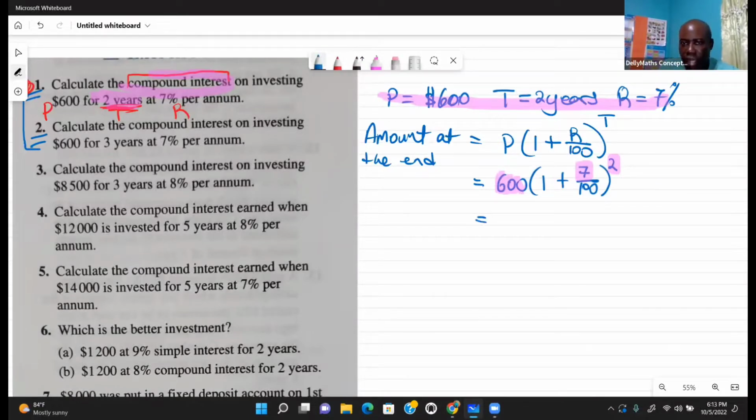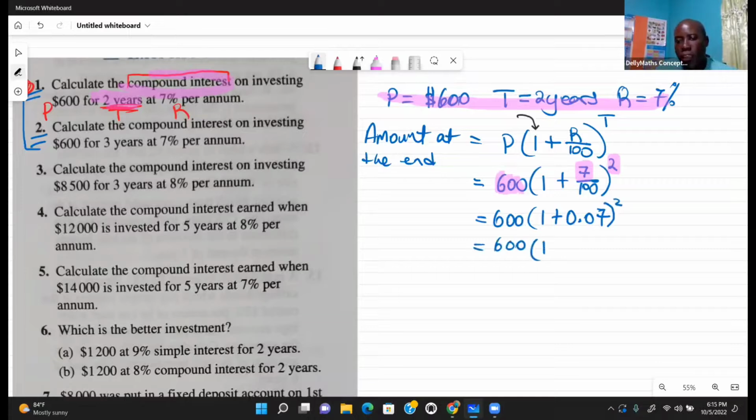We're not rushing anything. The 600 is on the outside. You open your bracket. The 1 is still there. 7 divided by 100. Put it on your calculator, and you're going to get 0.07. Close your bracket. Still put your number 2 up there.